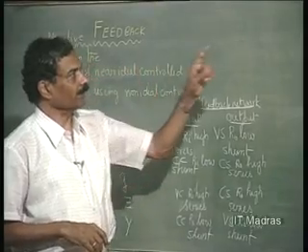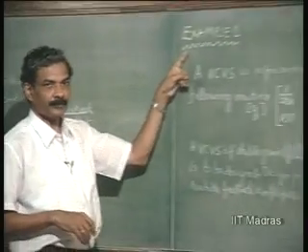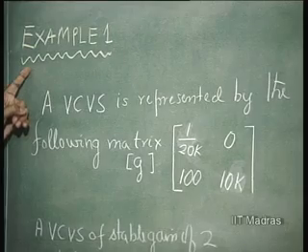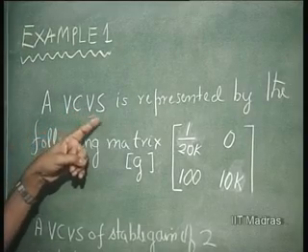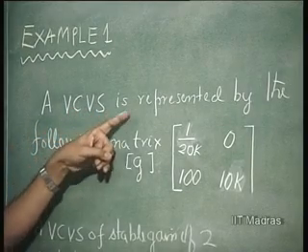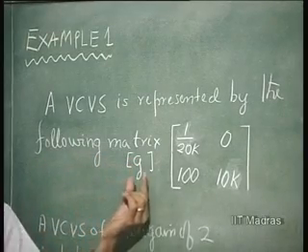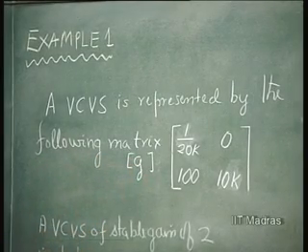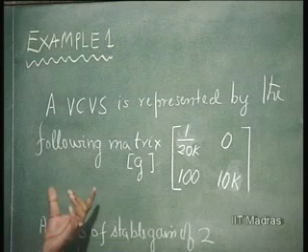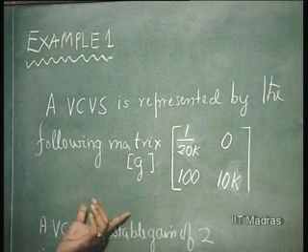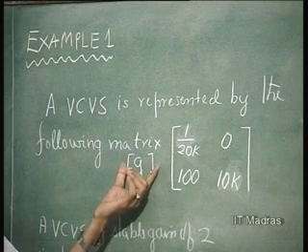Let us take an example now to illustrate this. A voltage controlled voltage source is represented by the following matrix. This being a voltage controlled voltage source, this non-ideal voltage controlled voltage source is expressed in terms of its G matrix.